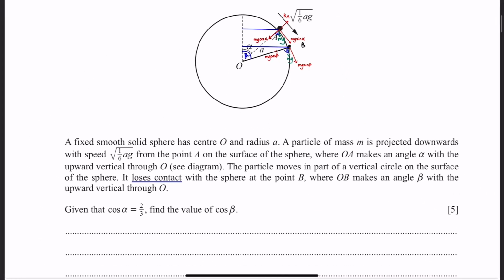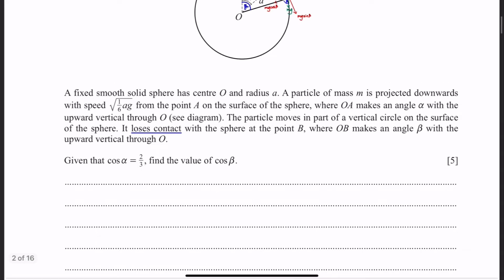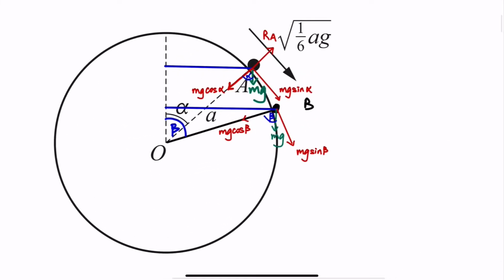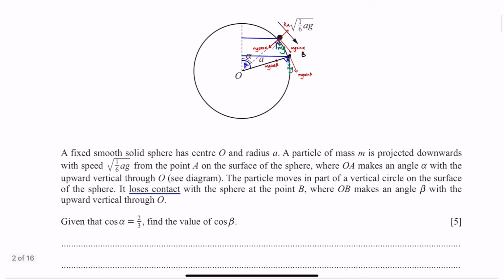And according to the question, it loses contact with the sphere at point B. So there will be no contact force at point B. Alright?